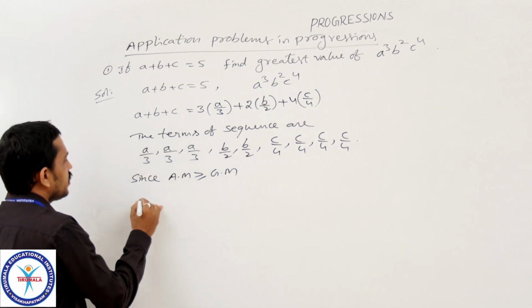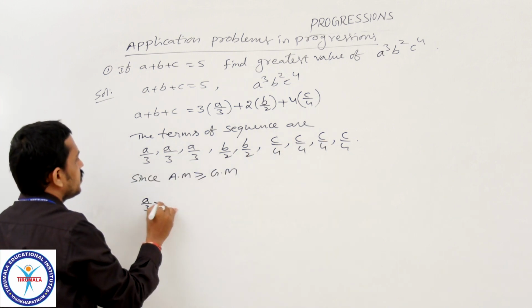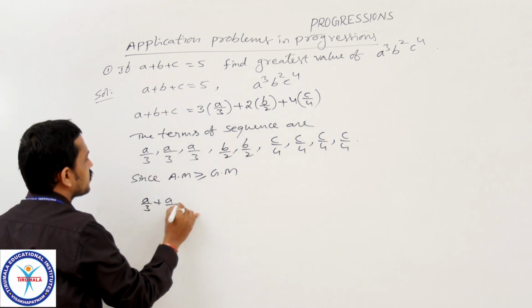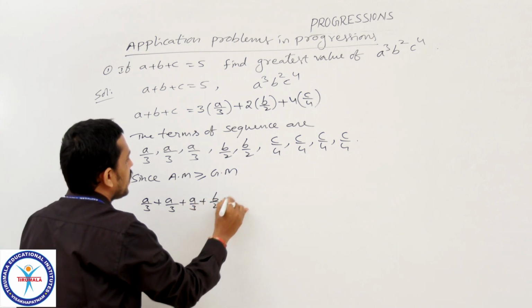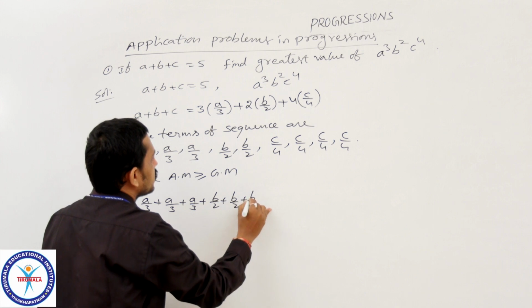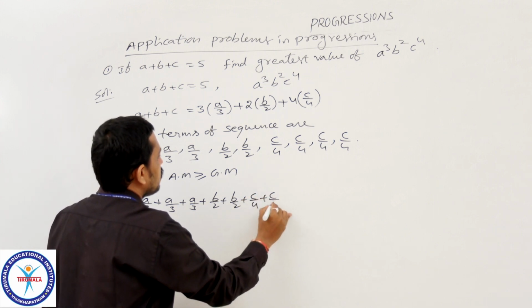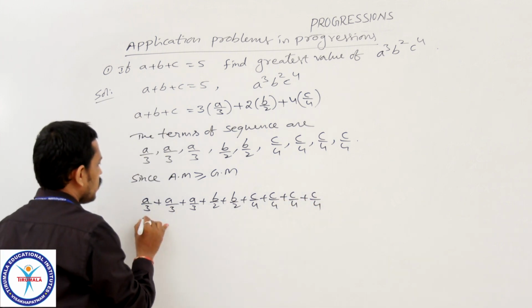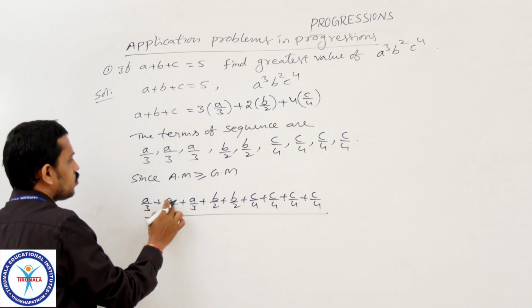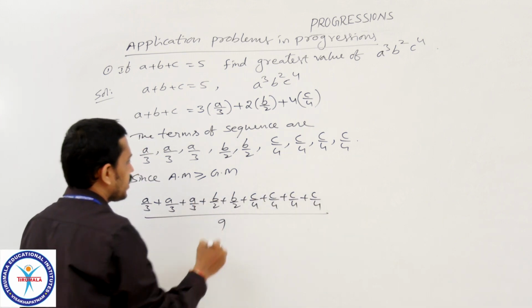So therefore, what is the mean of all these terms? a by 3 plus a by 3 plus a by 3 plus b by 2 plus b by 2 plus c by 4 plus c by 4 plus c by 4 plus c by 4, whole by 1, 2, 3, 4, 5, 6, 7, 8, 9, total 9 terms.